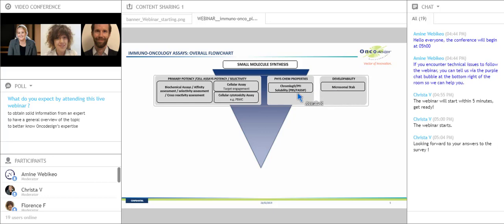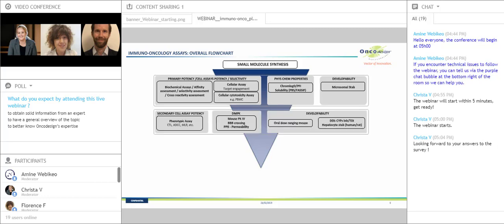Once you have compounds that go through this batch of assays, then you have a second batch of assays to set up. That includes phenotypic assays that are more related to the indication you want to address. And then you also have DMPK assays, the pharmacokinetic and developability assays, such as dose ranging and drug-drug interaction to follow up.